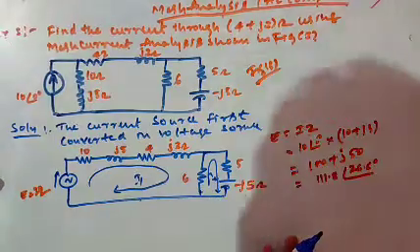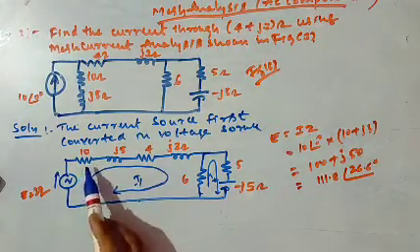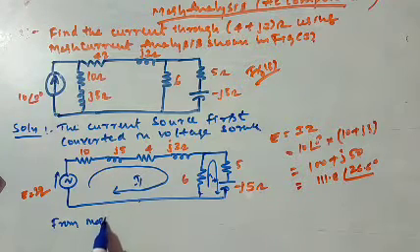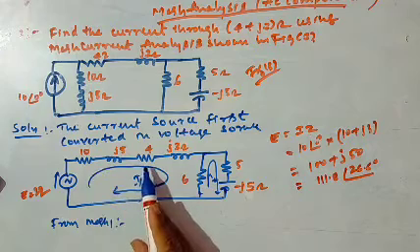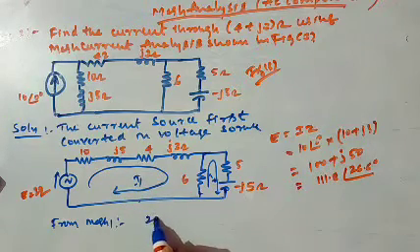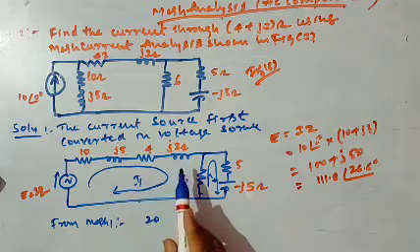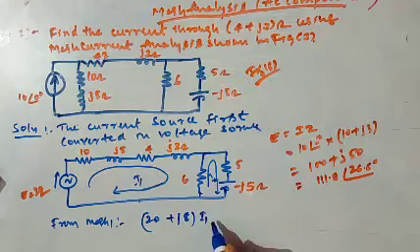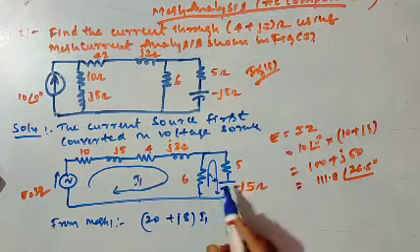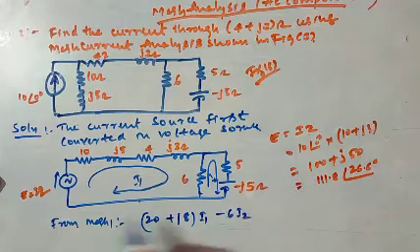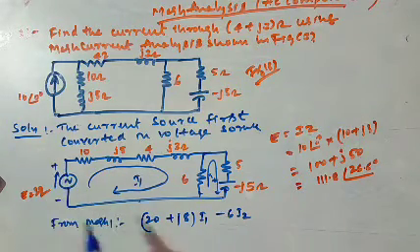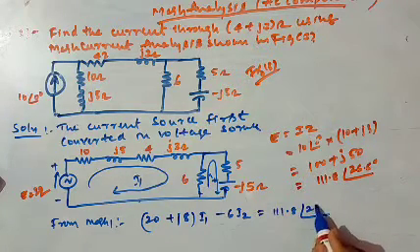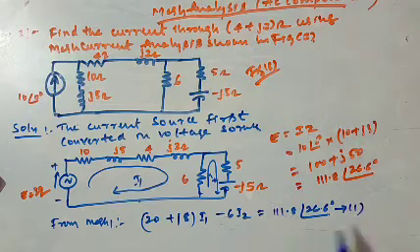From mesh 1, 10, 4, 6: 10 plus 4 is 14, 14 plus 6 is 20, and J5 plus J3 becomes J8, which belongs to the current I1. This 6 ohm is shared between I1 and I2, so minus 6 I2, and this arrow mark means this is minus, this is plus, so it is equal to 111.8 at an angle of 26.6 degree. This is equation number 1.